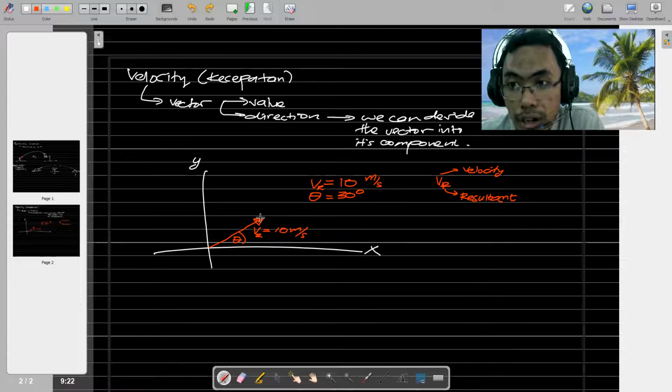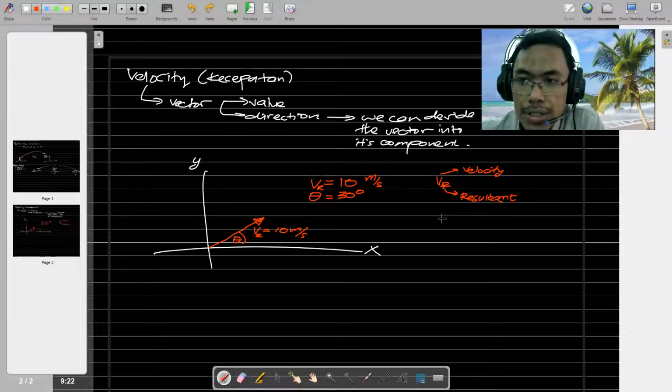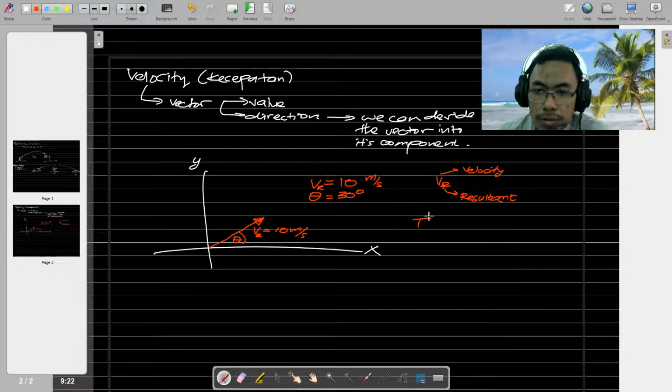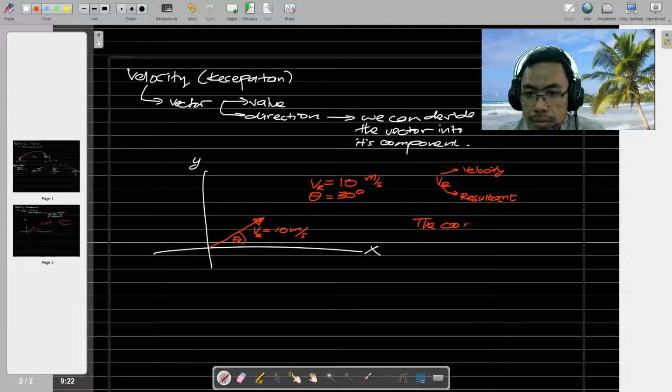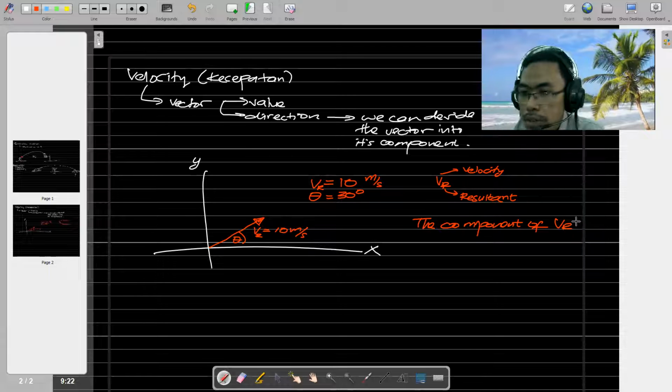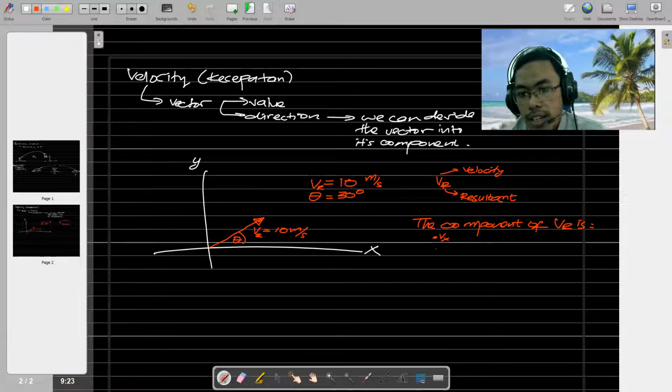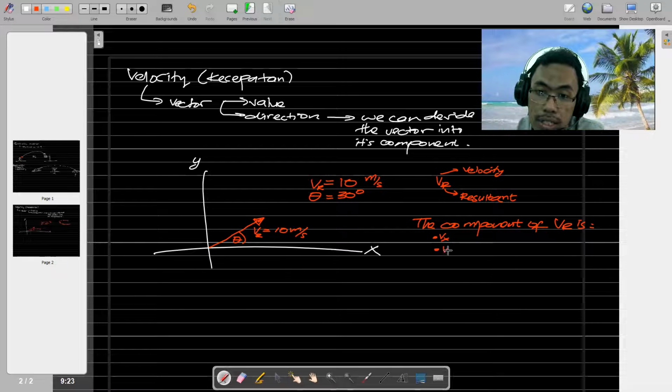So actually, the VR is a combination of its components. The components of VR are, the first one is Vx, which is the component of VR in the x-axis, and the second one is Vy.